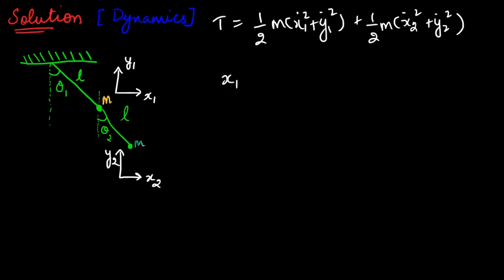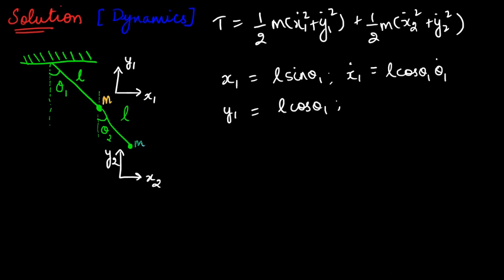From this first coordinate, my x1 will be L sine theta 1. So x1 dot will be L cos theta 1 dot. And y1 will be L cos theta 1. y1 dot will be minus L sine theta 1 dot.